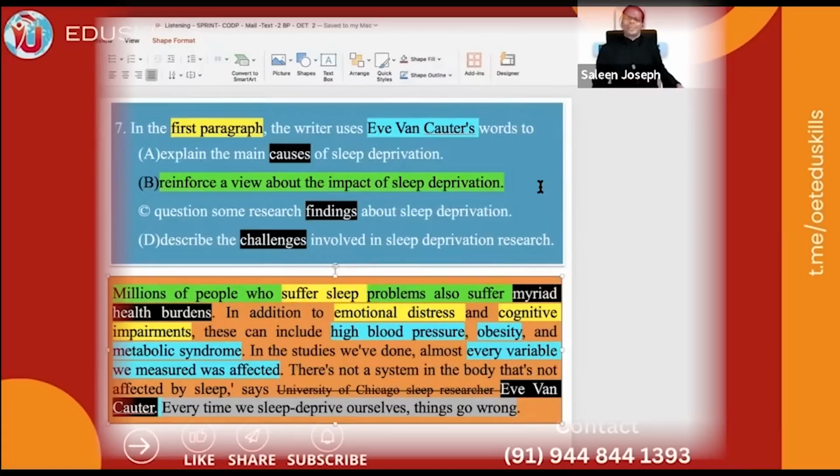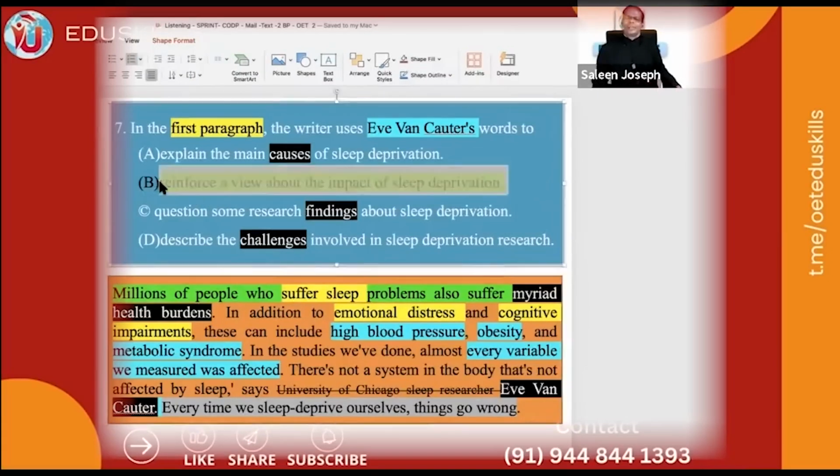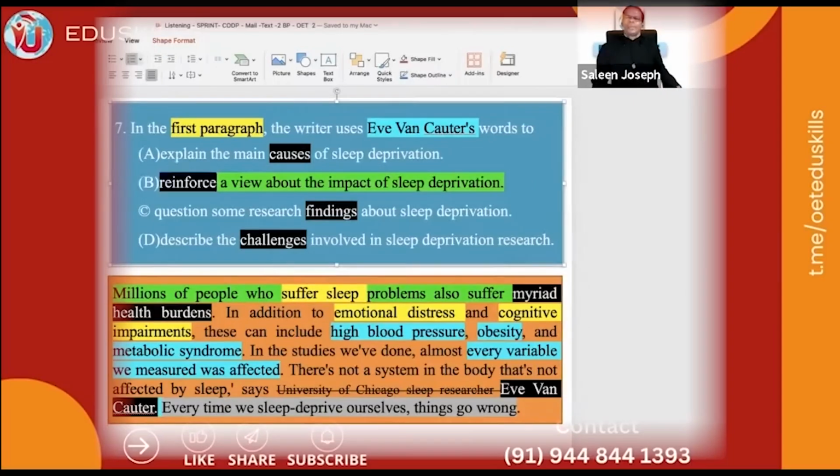So as soon as you see the word reinforce, once you are competent, you know the answer is in the developing sentence, at the end of the paragraph. You don't need to read the initial sentences at all. If need be, read the topic sentence and go directly to the answer in the developing sentence.